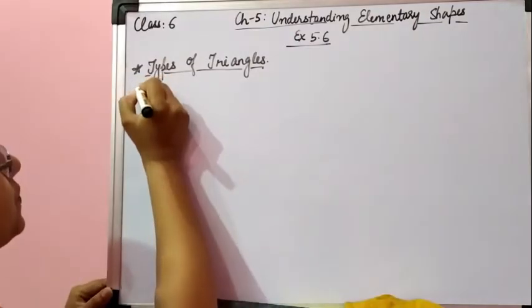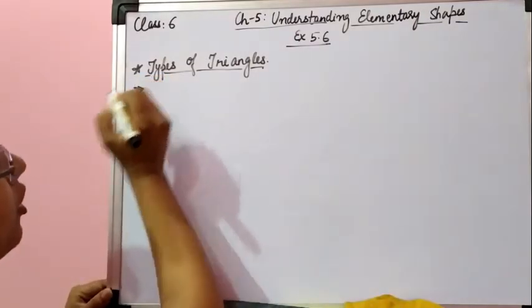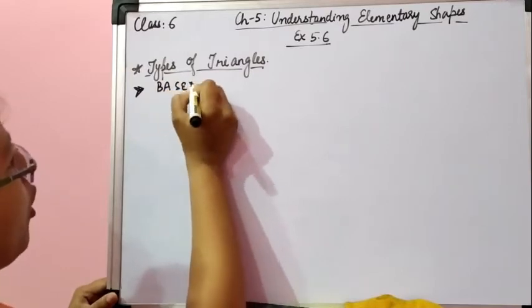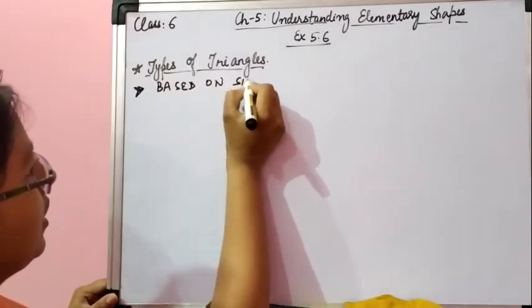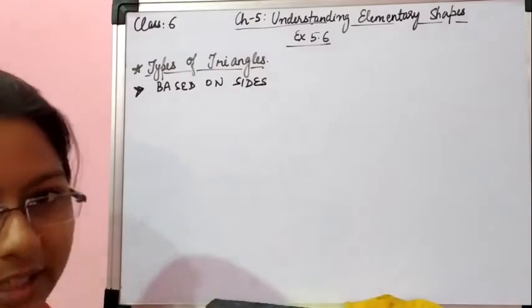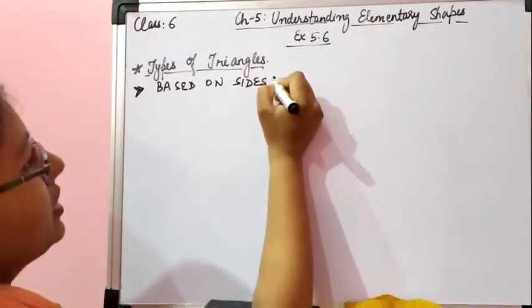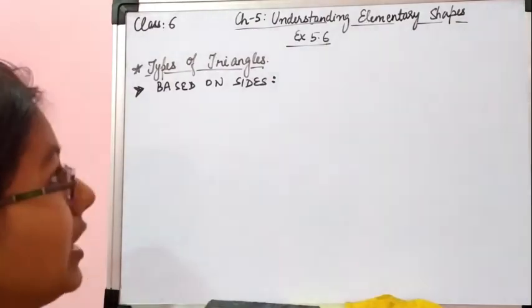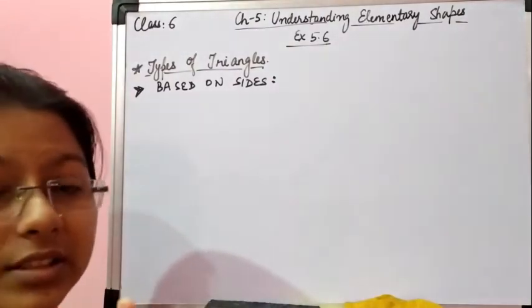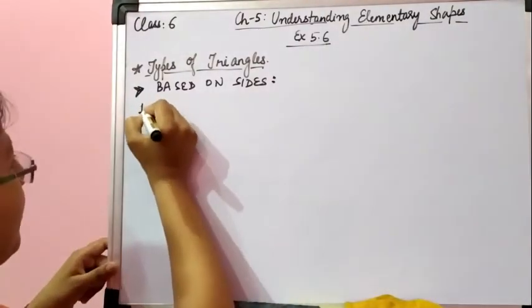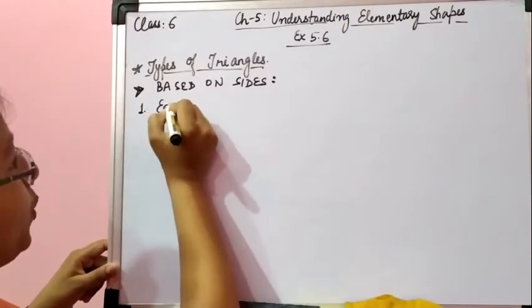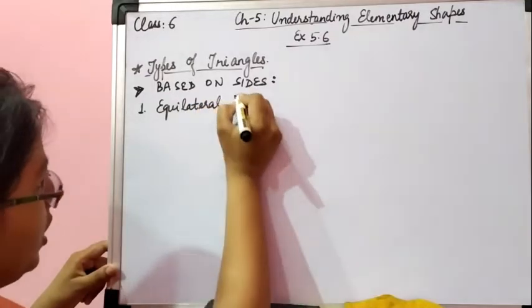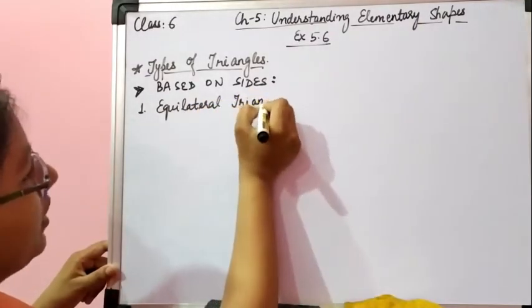Now the first criteria for classifying the triangle is based on sides. There are three sides of a triangle. So on the basis of sides, if the length of each side is given to us, then we have three types of triangle. Number one, equilateral triangle.